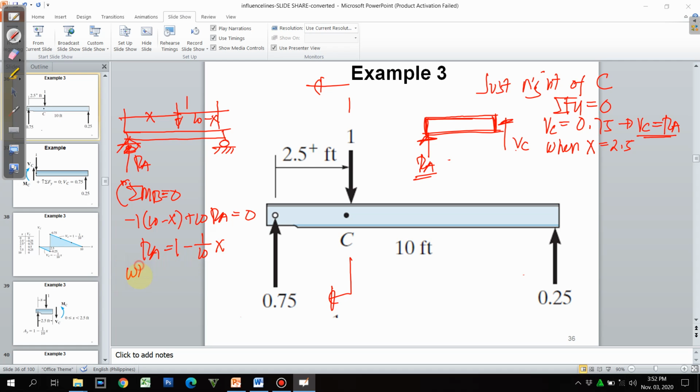So when x is equal to 5, what will be the value of RA? Again, we make use of our calc function and then tabulate.